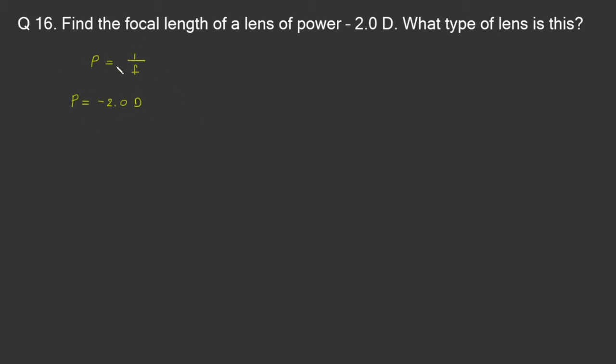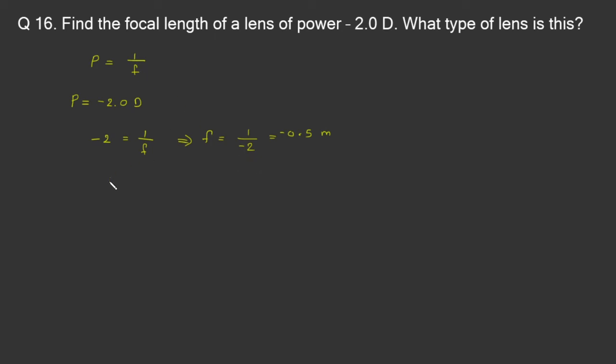Substituting the value in the above equation, you will get minus 2 is equal to 1 by F, or F is equal to 1 by minus 2 meter, and that is equal to minus 0.5 meter.